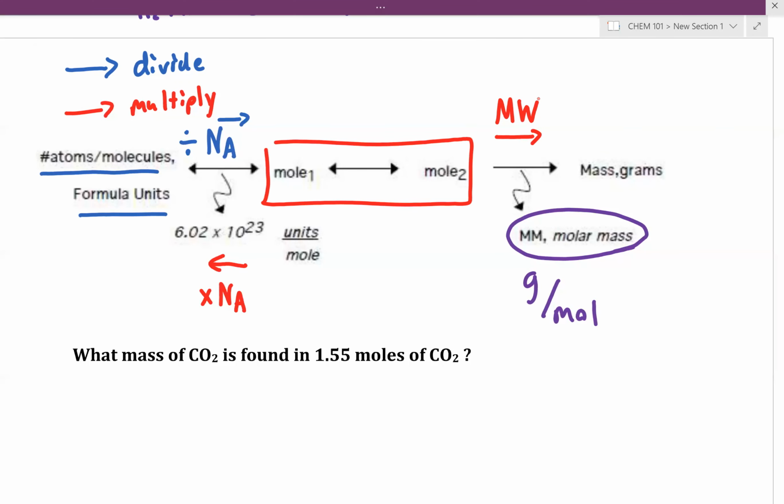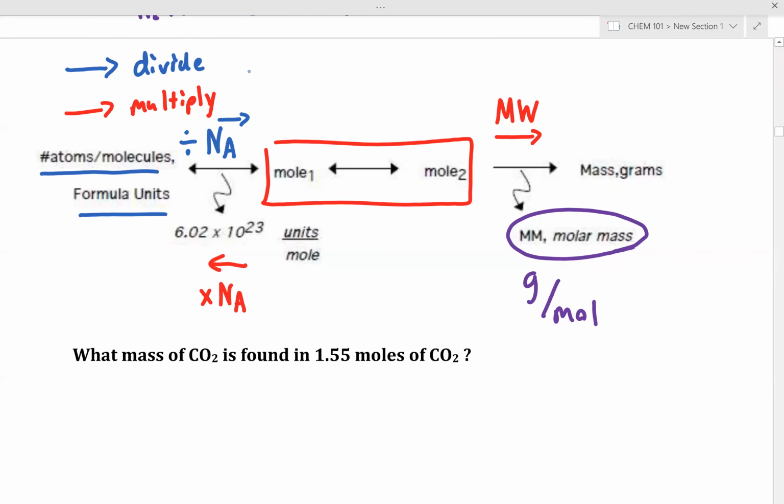If we wanted to go from mass to moles, we'd divide by our molecular weight. You often see molar mass expressed as MW or MM. Both are common and both are accepted. Okay, so we have a map to go between atoms, moles, and grams.